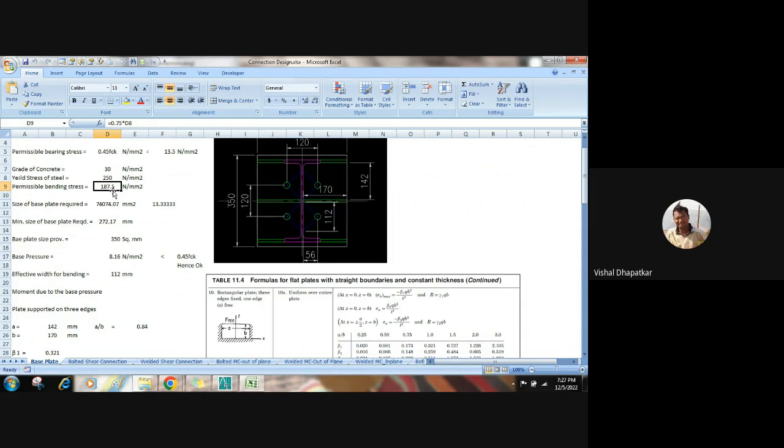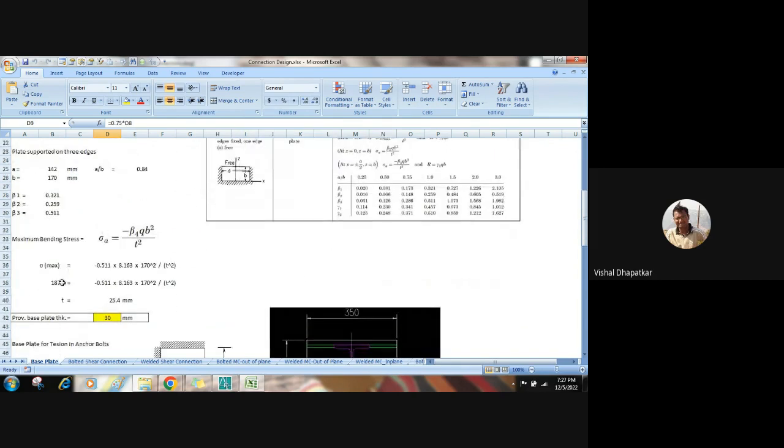This is given in the code, how much percent we should consider. It is around 75% of the yield stress. So the bending stress we know, the moment in the plate, so we just need to work out the thickness.